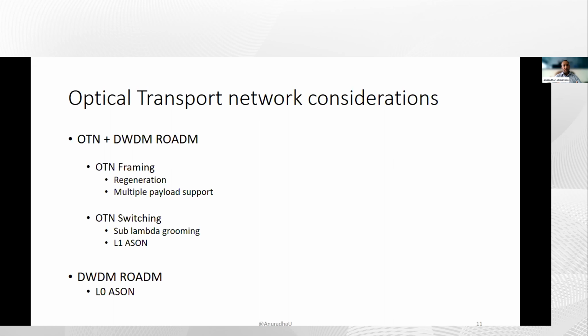One is to use OTN framing, which enables regeneration type of things, and also supports multiple payloads. But supporting multiple payloads really doesn't mean anything in these networks, because we are predominantly talking about Ethernet payload at that level. And OTN switching, if you want to have it, then you're talking about things like sub-lambda grooming and layer 1 ASON type of protection. But as you go to higher speeds on interfaces like 100 gig, 400 gig and above, whether you really need sub-lambda grooming is again a question.